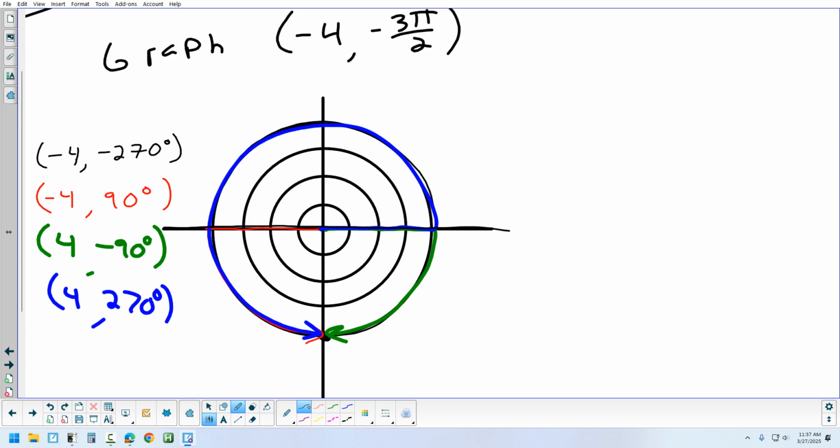So then what happens if you land right here? Well, what's one way you could write that point? 2, 0. There's no amount of rotation clockwise or counterclockwise. So you can't say right and then clockwise and then right and then counterclockwise.